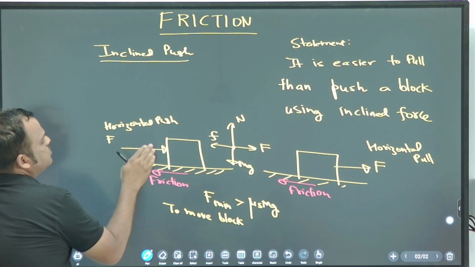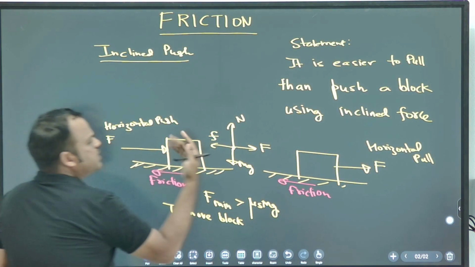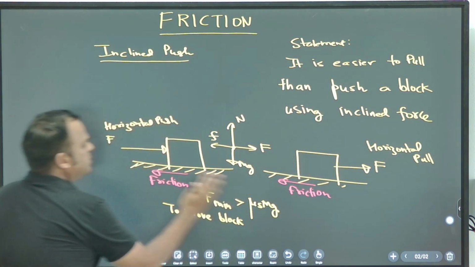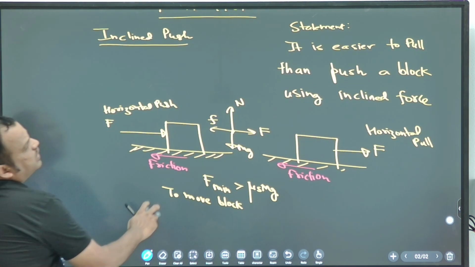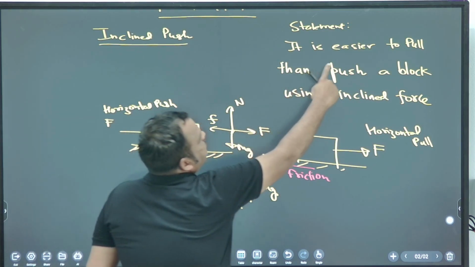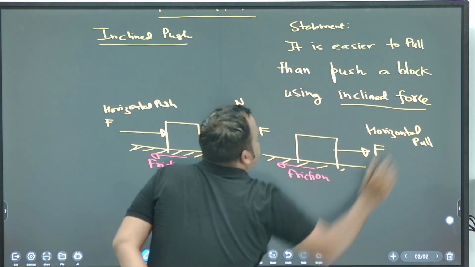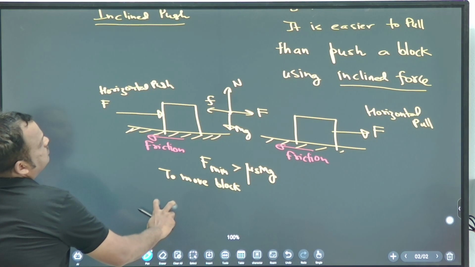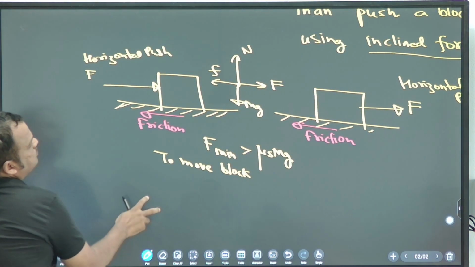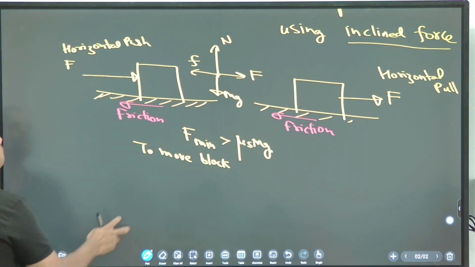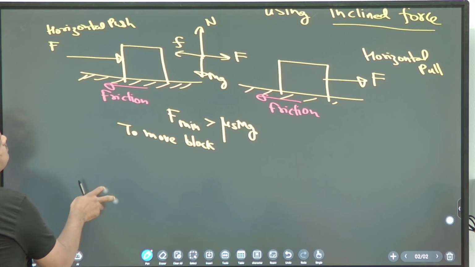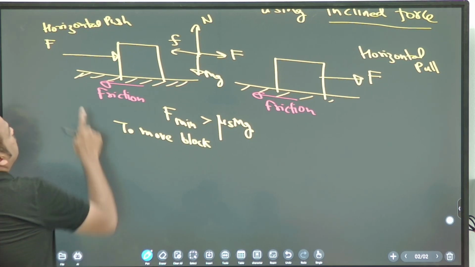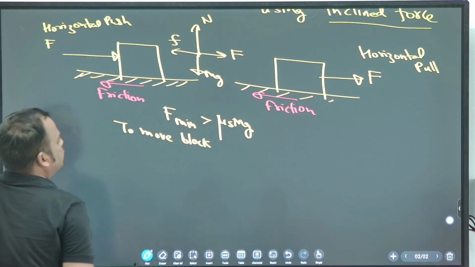So horizontal push is same as horizontal pull. Both are same. But inclined, it is different now. Inclined will be different. So draw this diagram. Horizontal push, horizontal pull, both are same.